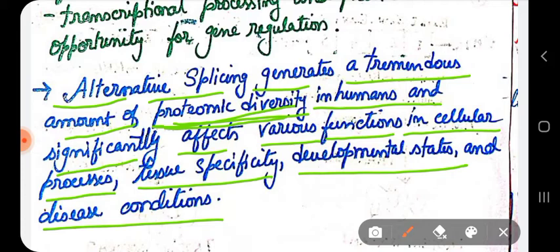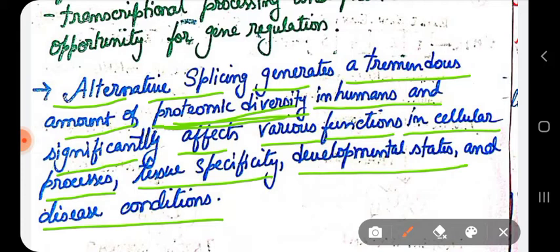There are different ways to make proteomic diversity, like alternative splicing and RNA editing. Different ways are there to make diversity of proteins in living organisms, so that they function differently in specific tissues, specific cells, or depending on developmental states and disease conditions.